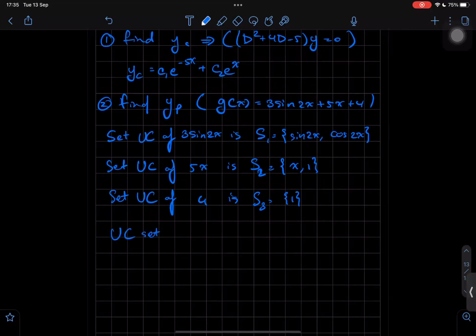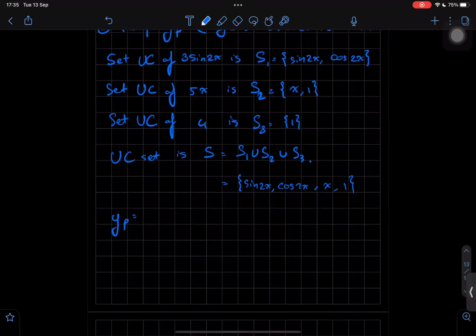So the UC set S is equal to S1 union S2 union S3, which becomes sine 2x, cos 2x, x and 1. When you get the UC set already, yp is in the form of the UC set, so it becomes a sine 2x plus b cos 2x plus c x plus d.